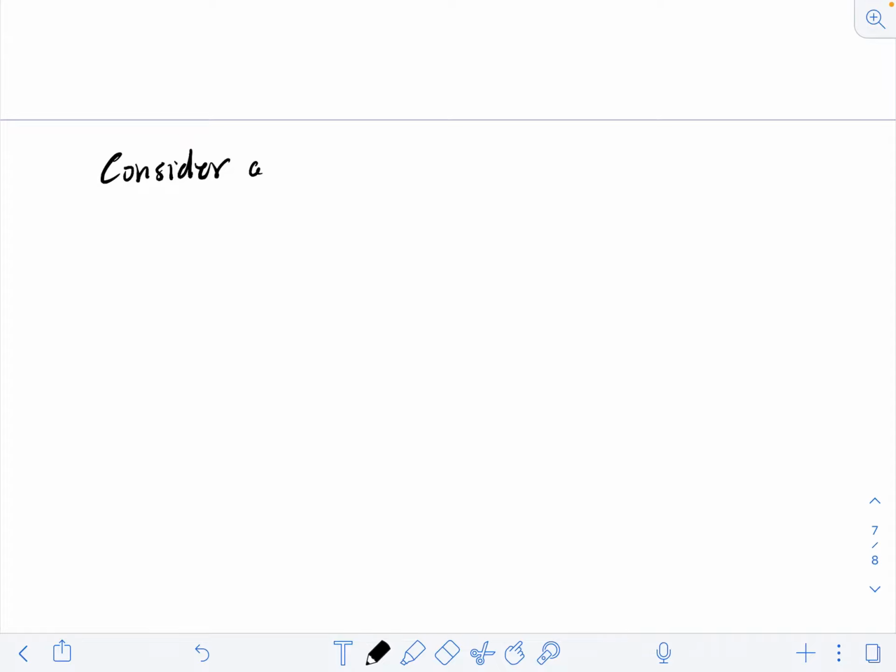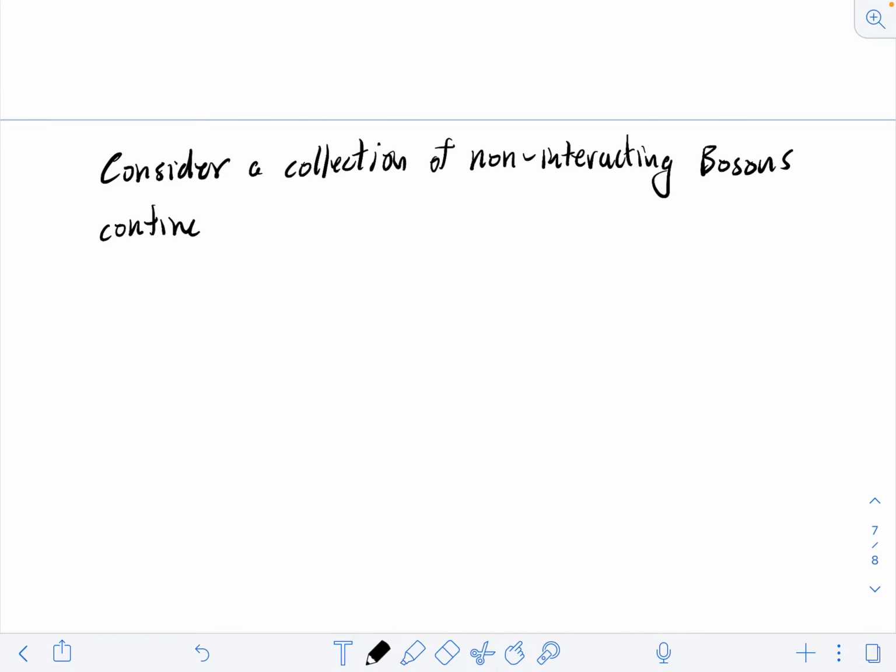So let's consider a collection of non-interacting bosons confined to a 3D box in the T equals 0 ground state.